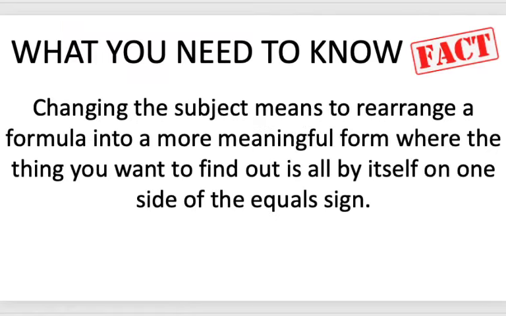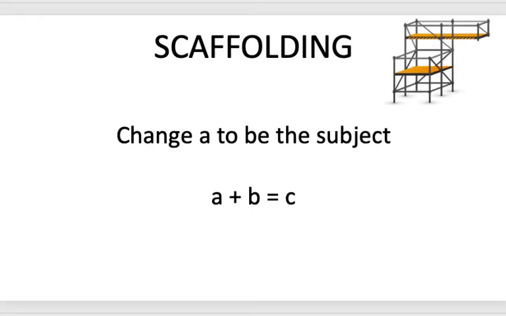So what we mean by changing the subject is to rearrange a formula into a more meaningful form, where the thing that you want to work out is by itself on one side of the equal sign. Here's a really good example, and some of the basics of what you'd need to know as part of this subject. Change A to be the subject of this formula.